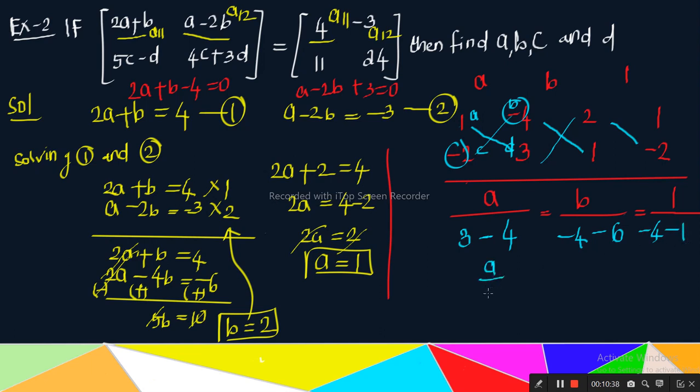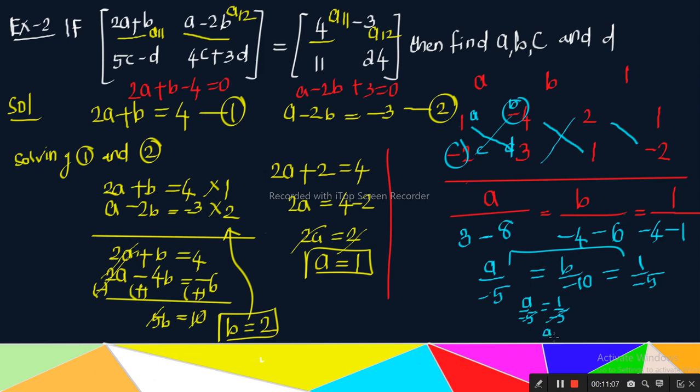So a by minus 1 is equal to b by minus 9, which is equal to 1 by minus 5. So 3 minus 8 is minus 5, minus 4 minus 6 is minus 10, minus 4 minus 1 is minus 5. Again we need to equate these. a by minus 5 is equal to 1 by minus 5.